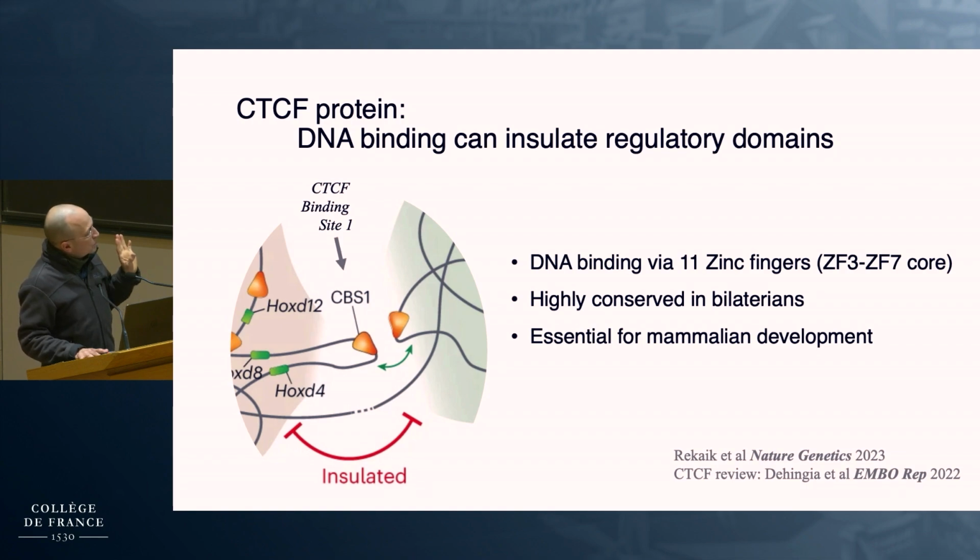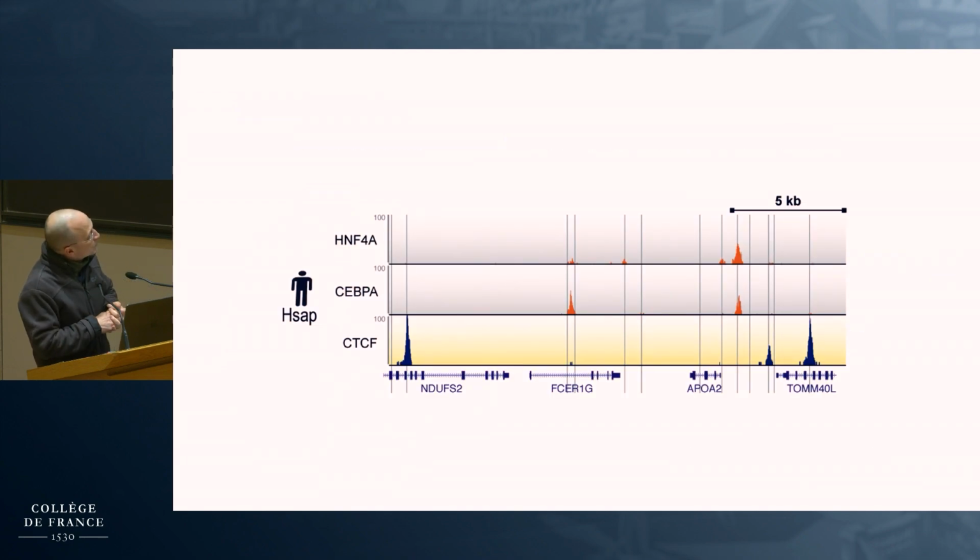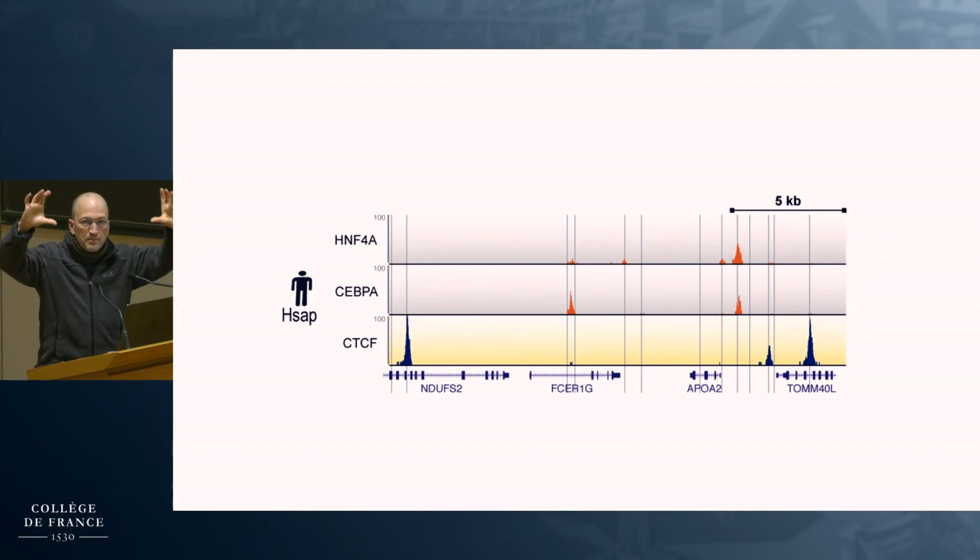So let's look at what initially brought us to begin asking questions about CTCF. That curiosity arose from early comparative genomics experiments that my laboratory was doing, where we were taking multiple species worth of matched functional genomics data and asking about the rate of evolution and what the underlying mechanisms were.